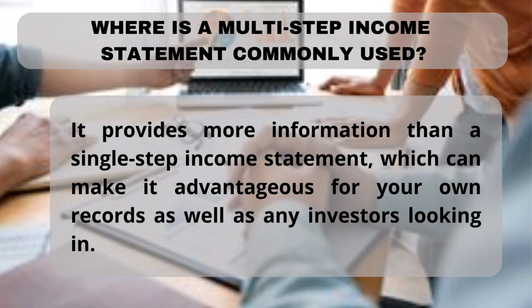Publicly traded companies use multi-step income statements, which categorize expenses as either direct cost, also known as non-operational cost, or indirect cost, also known as operational cost. Direct costs refer to expenses for a specific item such as a product, service, or project.